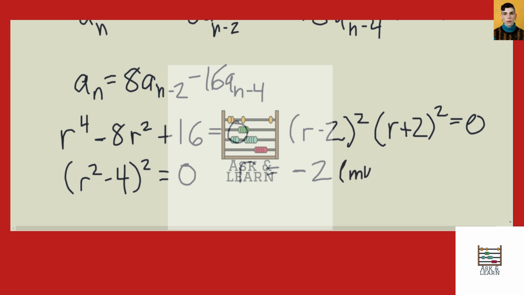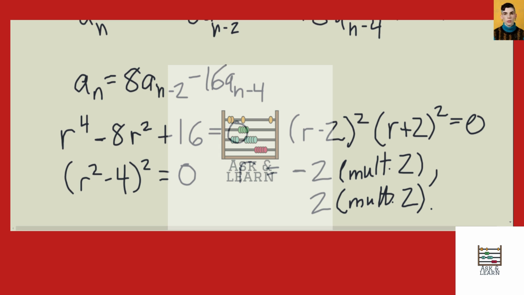And so we have that the characteristic roots are -2 with a multiplicity of 2 and +2 with a multiplicity of 2.